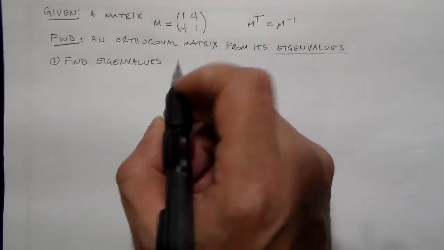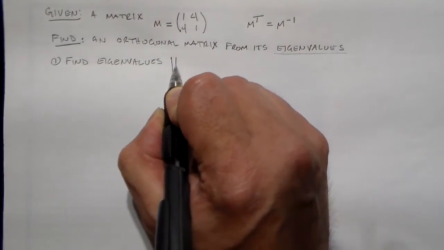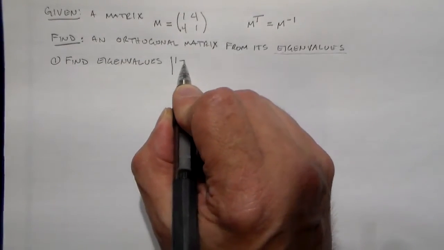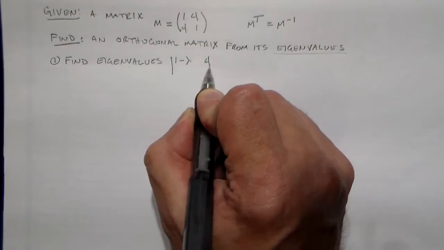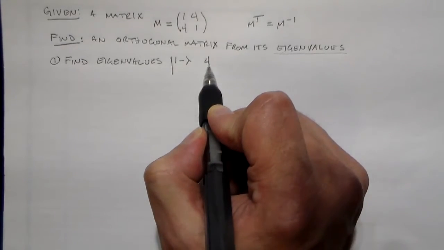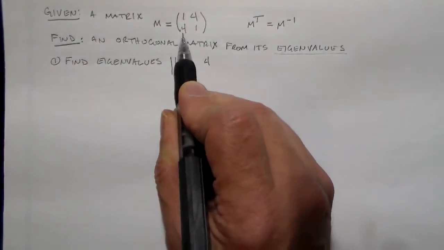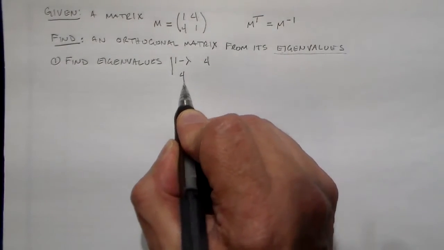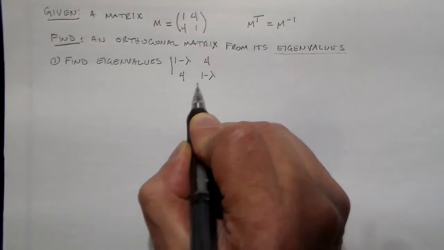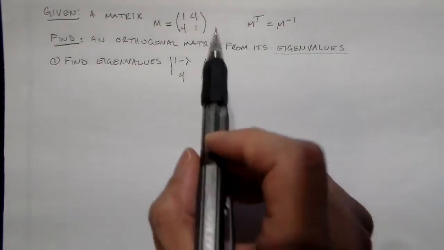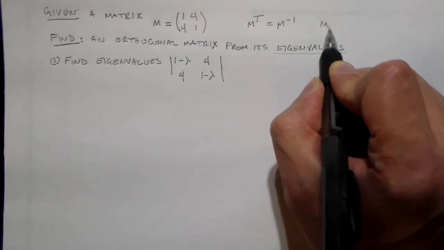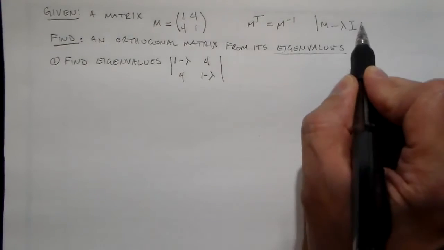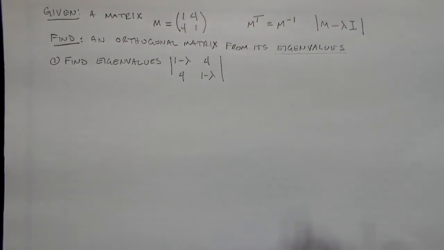We find eigenvalues using the characteristic equation, which is this 0, 0 element minus lambda, and then the 0, 1 element 4, and the 1, 0 element still 4, and then the 1, 1 element, 1 minus lambda. So basically we've taken M, subtracted lambda times I, and then we're taking the determinant of that.